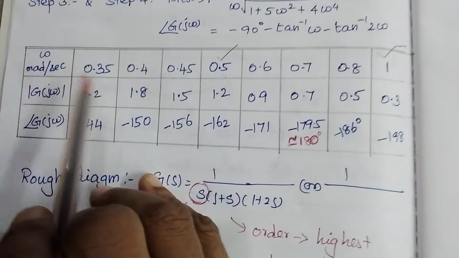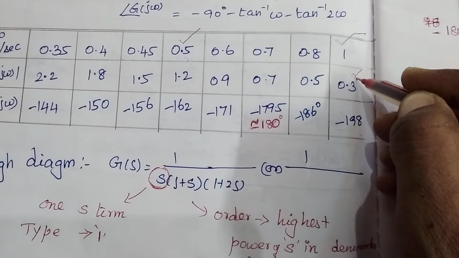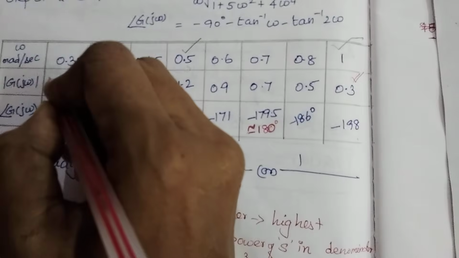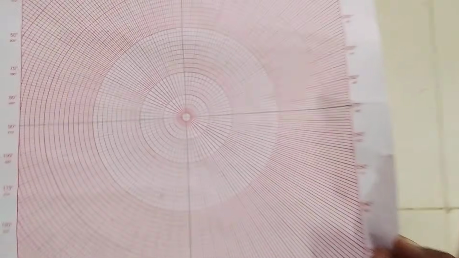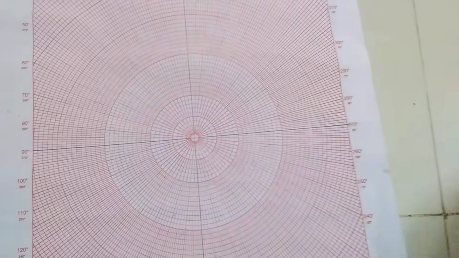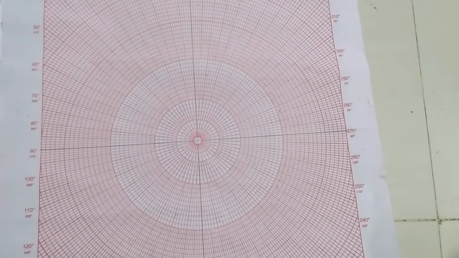What should be the magnitude value here? Here we have magnitude values minimum 0.3, maximum 2.2. So accordingly, you have to make a scale for this magnitude graph. So first set the scale.